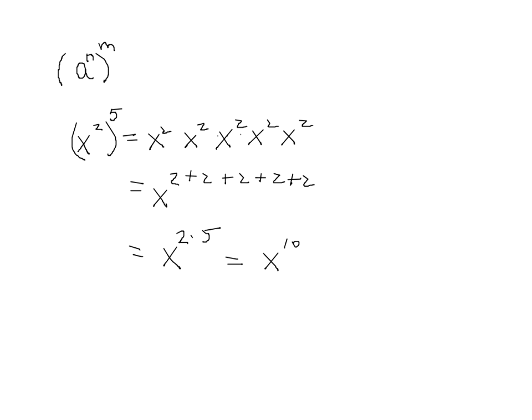And so I would get x to the 10th. So whenever we have an exponent raised to an exponent, we multiply. So when we have the same bases, we add the exponents. And when we have an exponent raised to an exponent, we multiply.